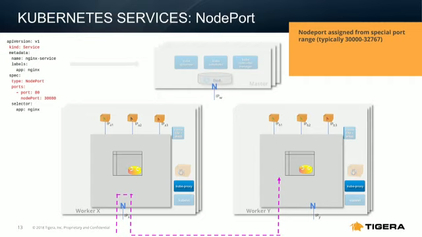So in that case, worker X, worker Y, even the masters, will write a NAT rule that says anything inbound on port 30,080 will get rewritten to one of the serving pods, again in this case maybe IPv3's IP address port 80. So you're going to do a destination IP and port NAT on each worker or master to send the traffic to one of the pods that's serving the traffic. So that's a node port.